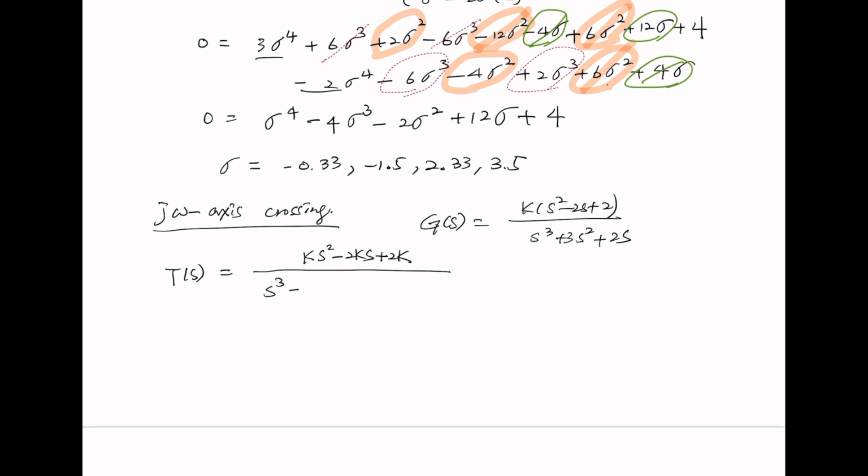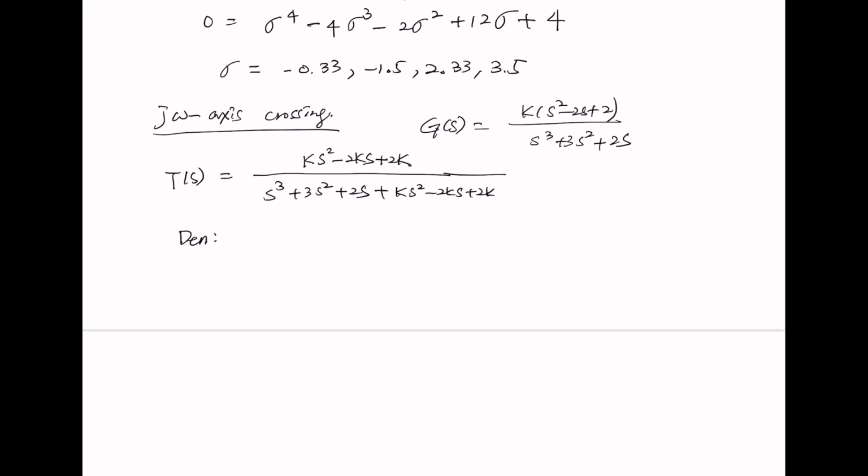And the denominator is s cubed plus 3s squared plus 2s plus ks squared minus 2ks plus 2k. If you take care of the unity feedback, you simply add the numerator to the denominator. You don't have to use the feedback formula, though you can if you want to.